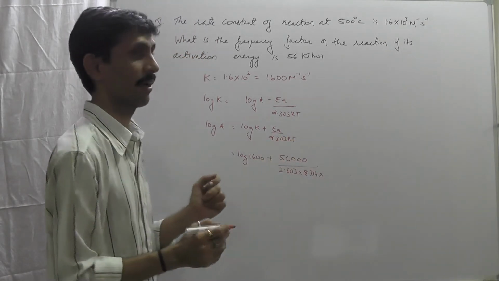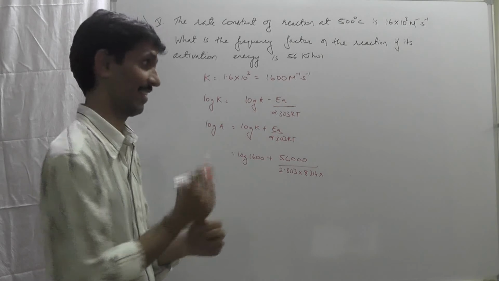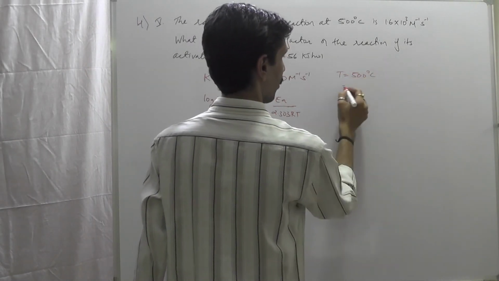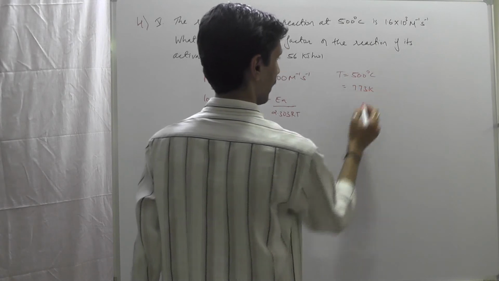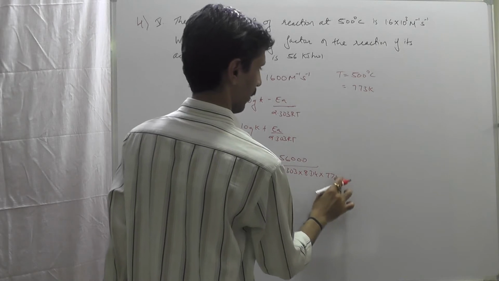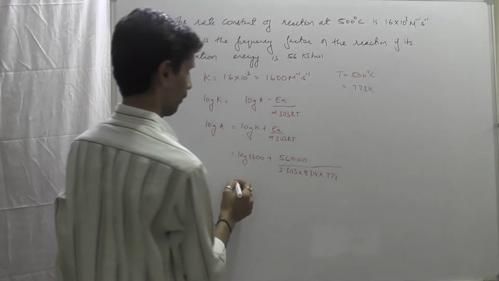Now the temperature is what? It is 500 degrees Celsius. Now if the temperature is 500 degrees Celsius, friends, so that is equal to what? 773 Kelvin. So 773 Kelvin. So just keep it as it is, there is no need to write units here.